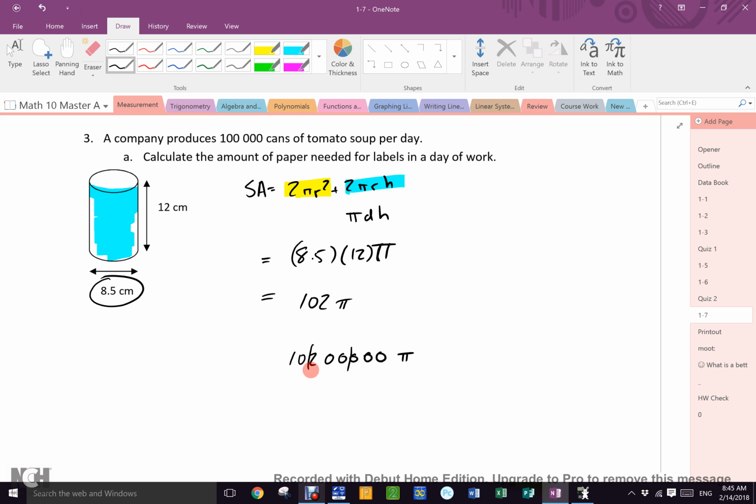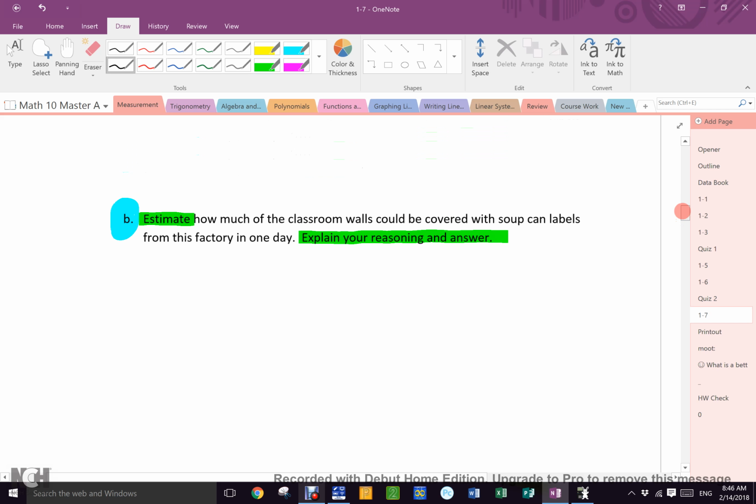What do I got to do to get this in the real world? I got to get rid of that pi, yes? So I'm going to do 10,200,000 times pi, which would be 32 million centimeters squared of paper. Right? All right.